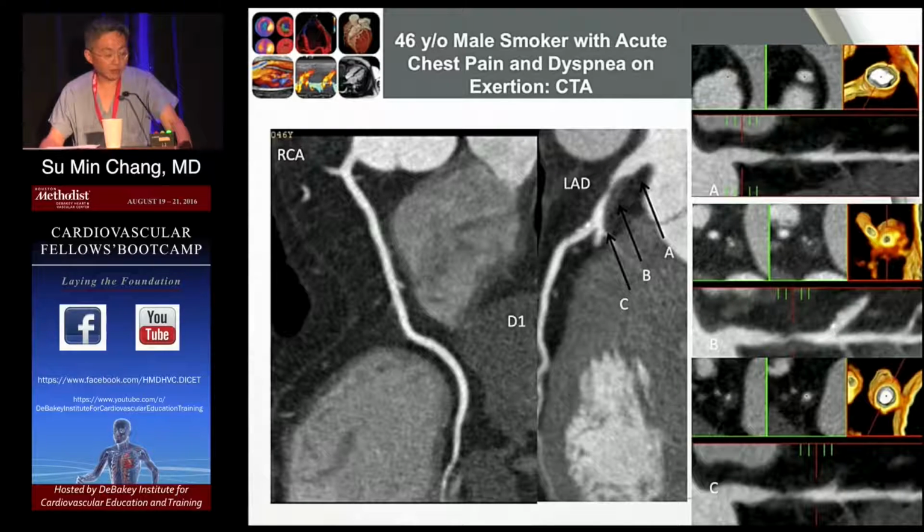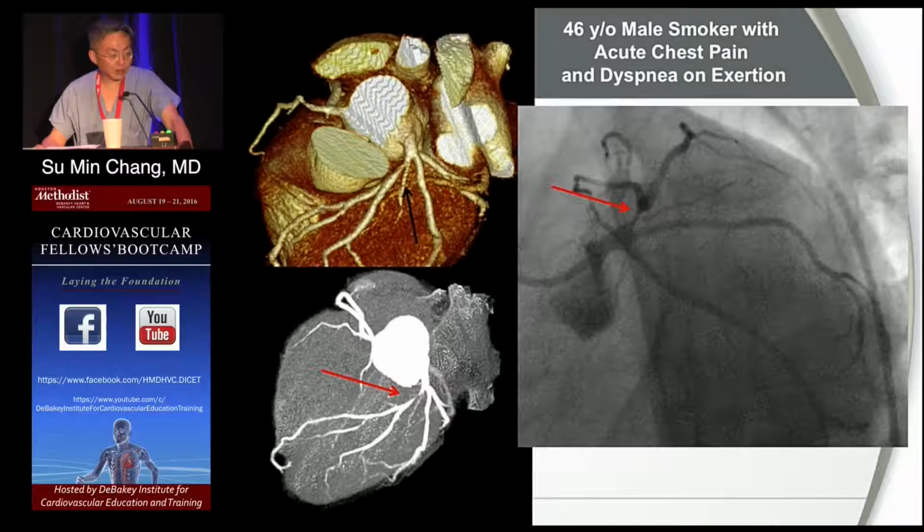And with better technology, I think plaque characterization will become probably one of the major indications for following up the patient with plaque, with either pharmacological therapy or to treat this high-risk plaque prophylactically. But anyway, plaque characterization is other added information you get from getting a good quality CT.